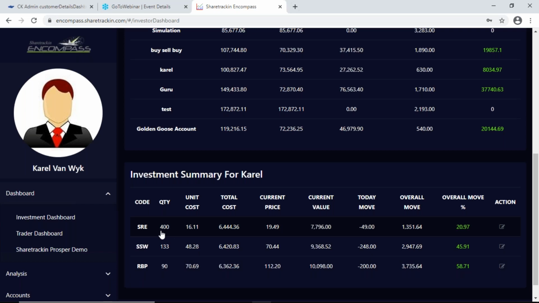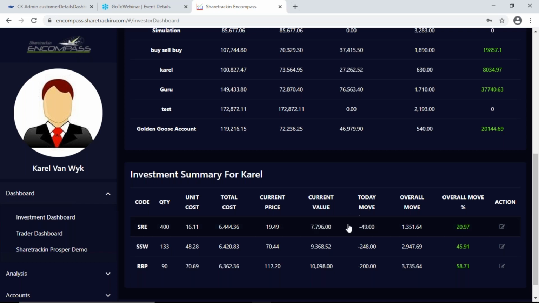The quantity is the number of shares I invested. Unit cost is what one share cost me with brokerage. Total cost is what I paid, including brokerage. Current price is the current price of the share. Current value is the value of my 400 SRE shares.